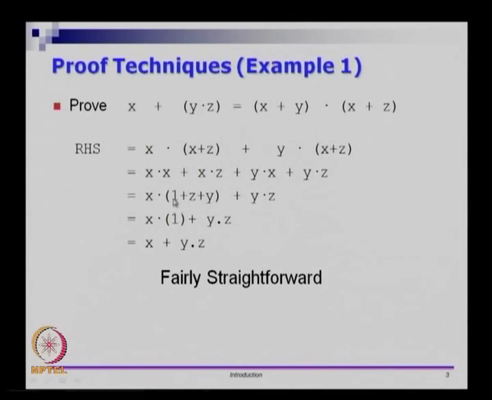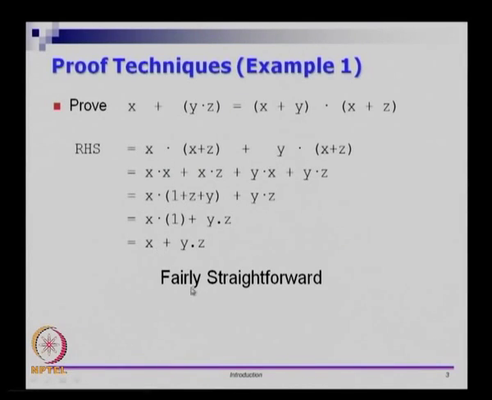So, we know that 1 plus any variable or any expression for that matter is actually 1. So, in this case z plus y is an expression. So, 1 or z or y is actually 1. So, we have that here, and finally x and 1 is x itself. So, this is the same as what we have in the left hand side. So, hence this is correct.